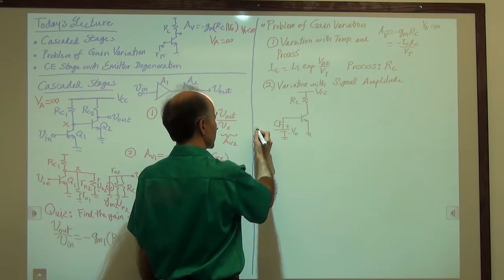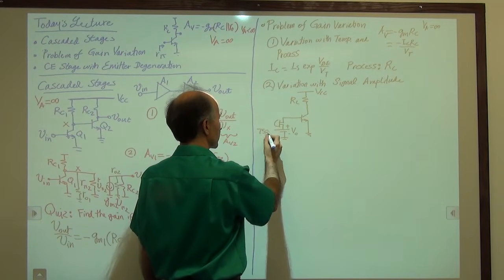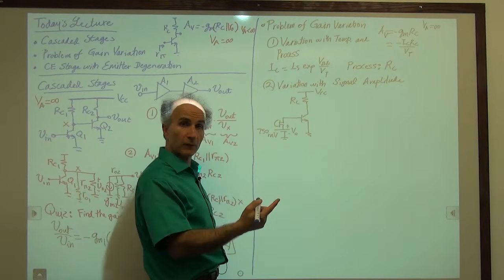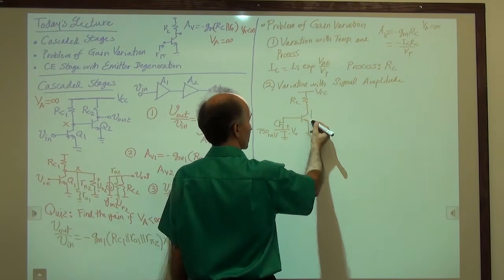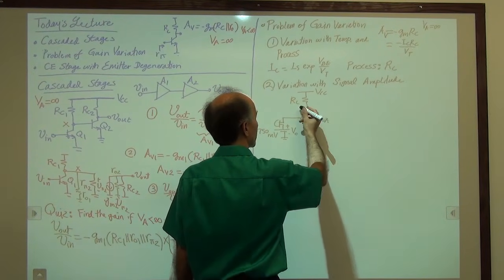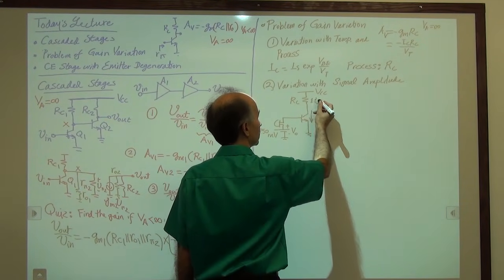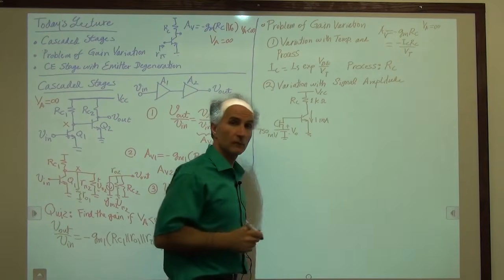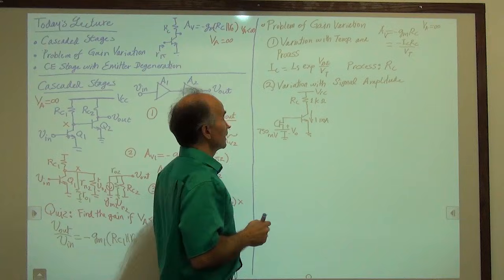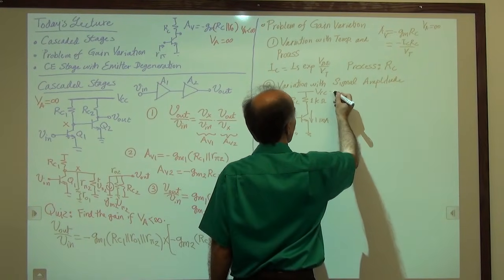Suppose this is 750 millivolts, V0. That's the base emitter bias voltage. That gives us a collector current of 1 milliamp. For example, I choose RC to be 1 kilo ohm. And I will choose VCC to be 5 volts.